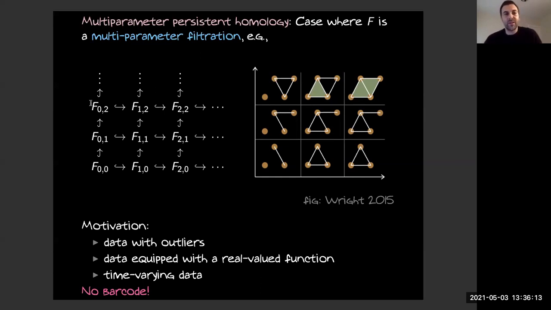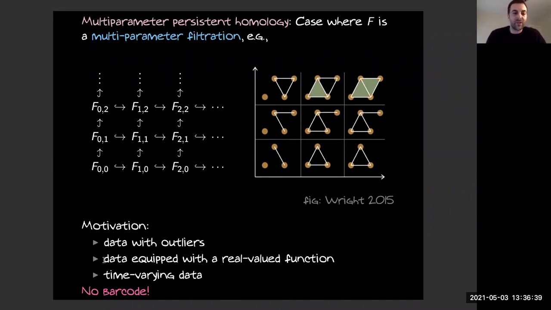And these multi-parameter filtrations are arising quite naturally in a lot of places. And so I think they're very interesting in TDA. One of the main motivations to consider them is in the study of data with outliers, or data with variations in its density from region to region. And if time permits, we'll talk a little bit more about this later on in the talk.